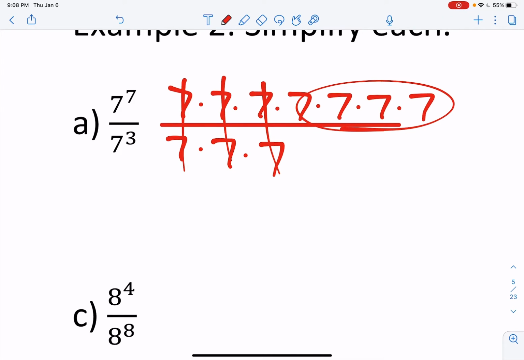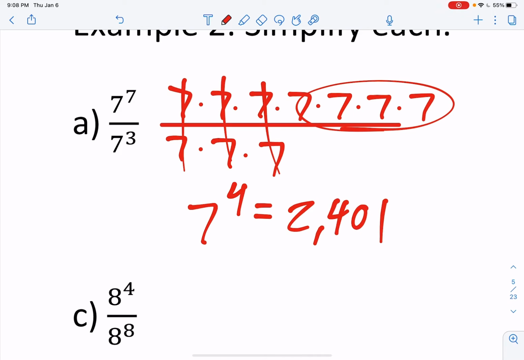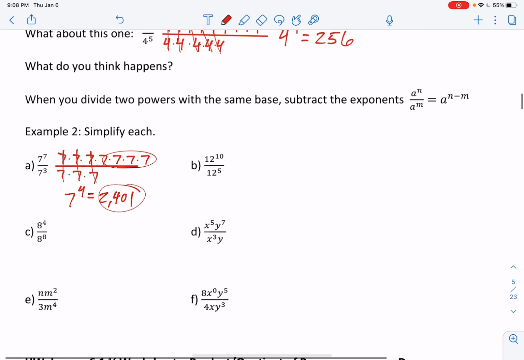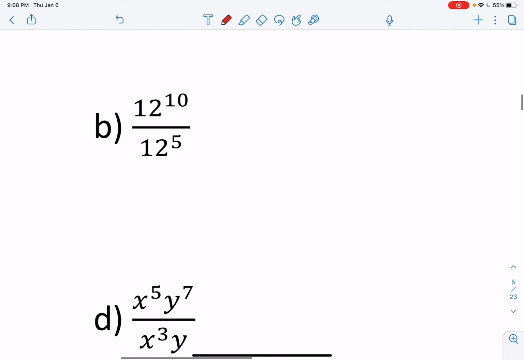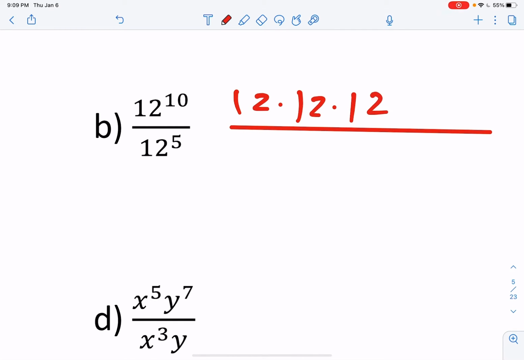So that is 200401. Okay, on this, 12 to the 10th. So I don't need to write out 12 ten times anymore.